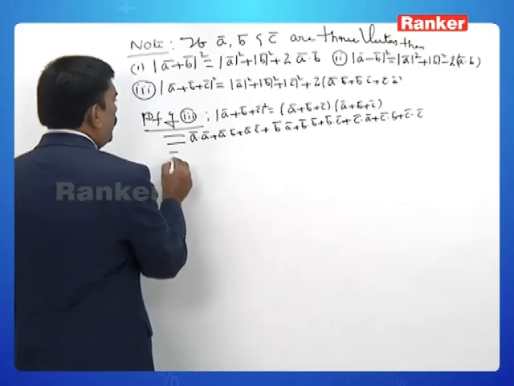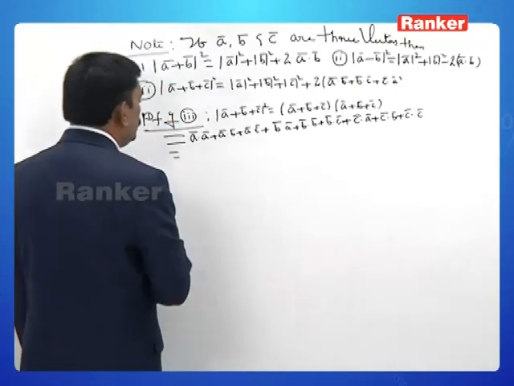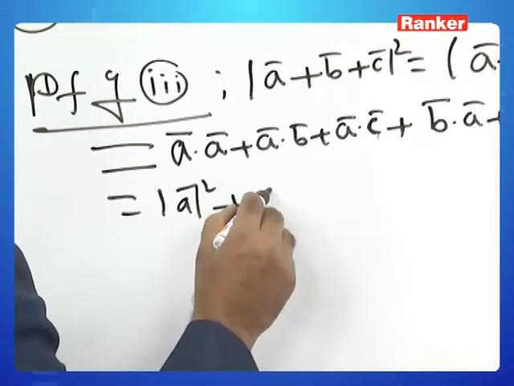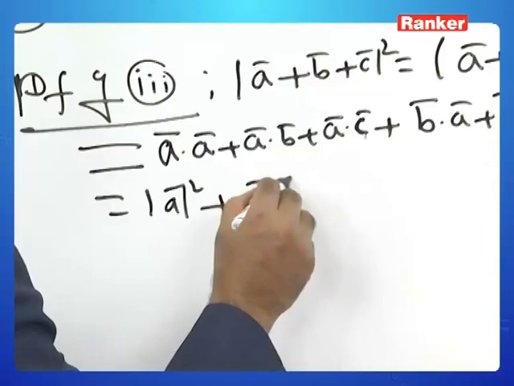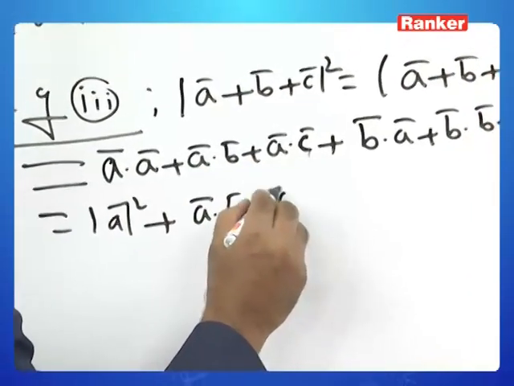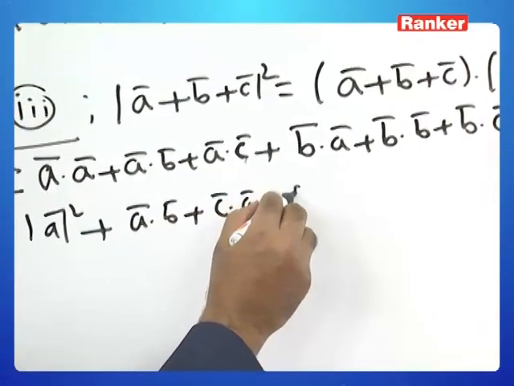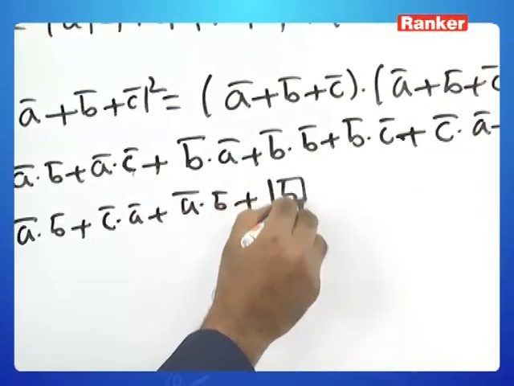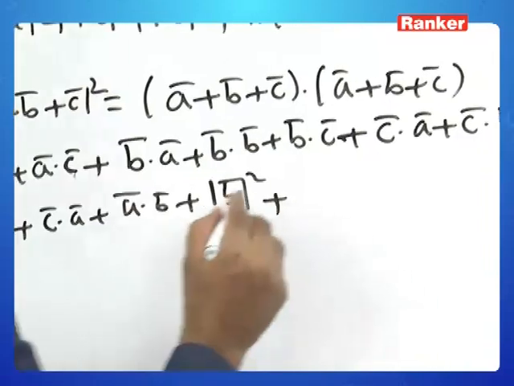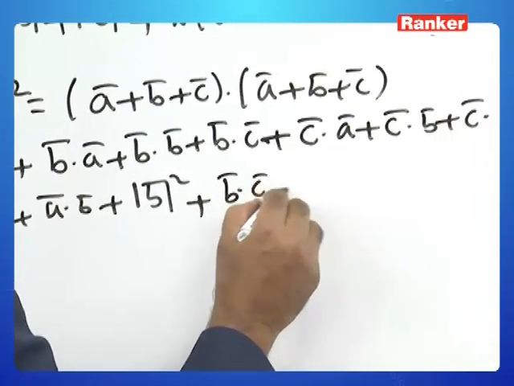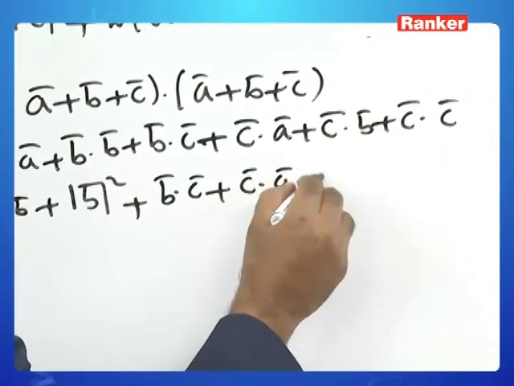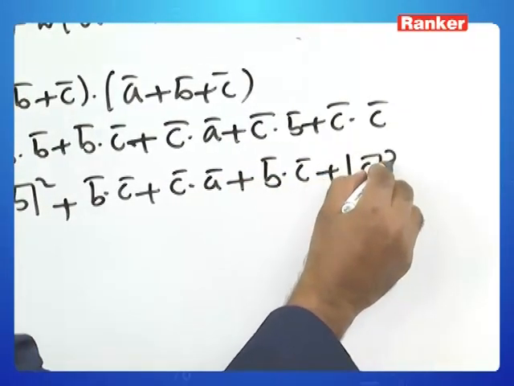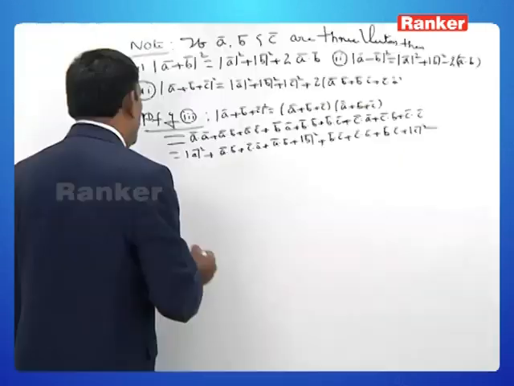Now I can write A dot A as mod A whole square. A dot B, A dot C is the same as C dot A, B dot A is the same as A dot B. This is mod B whole square. C dot B is the same as B dot C, and mod C whole square.